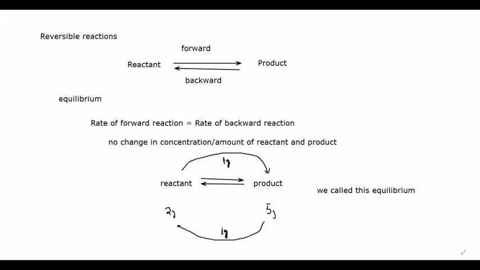So, what are the possibilities for a reversible reaction? A reversible reaction may be in equilibrium or it may not be in equilibrium. You can also use the term dynamic equilibrium. It's the same thing.